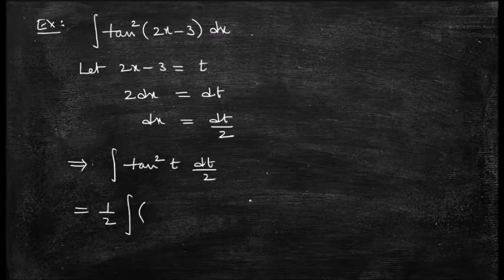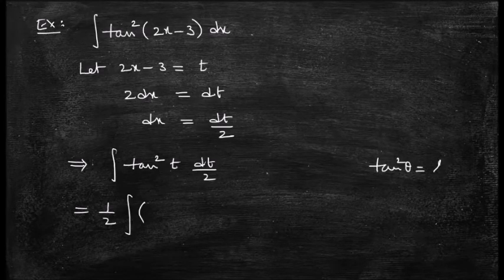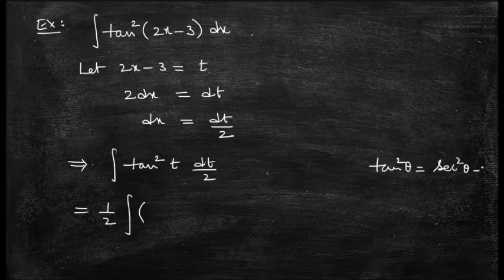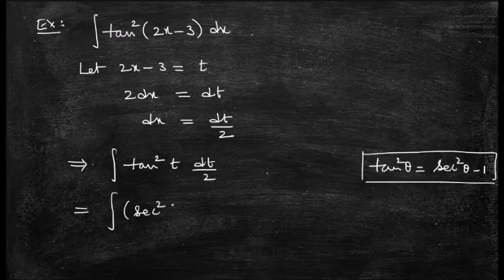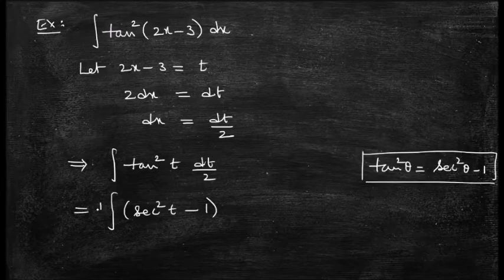So I'm writing tan square theta is equal to secant square theta minus 1. Secant square t minus 1, taking half outside dt.